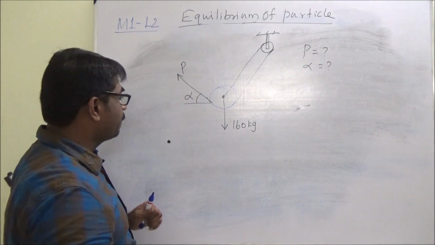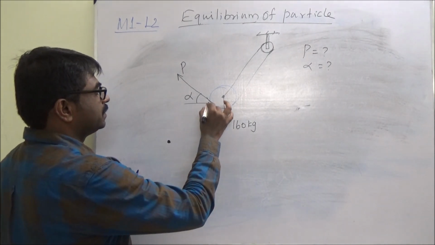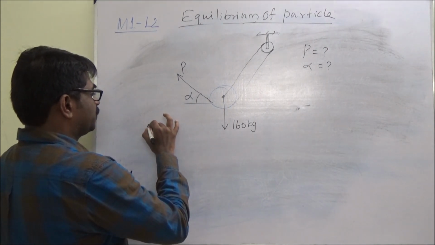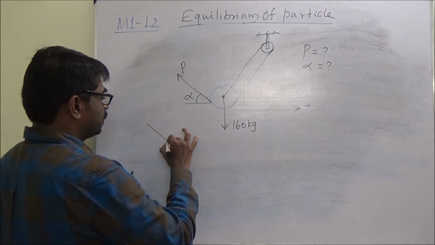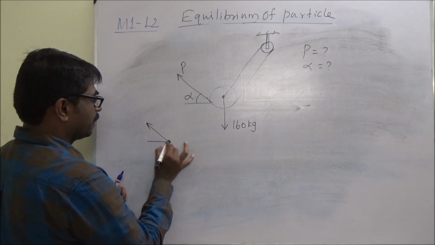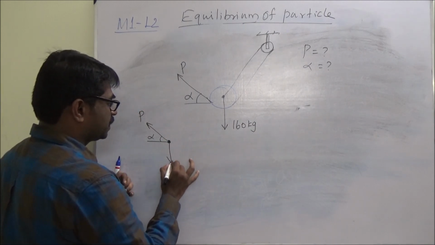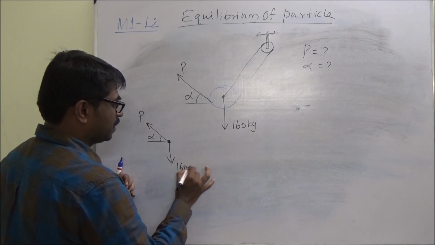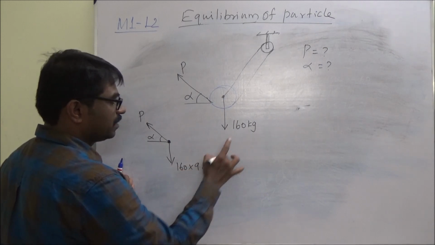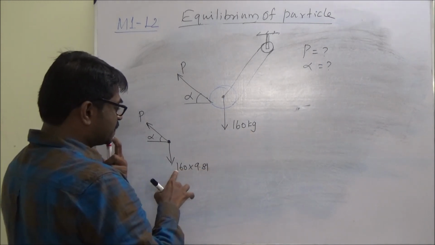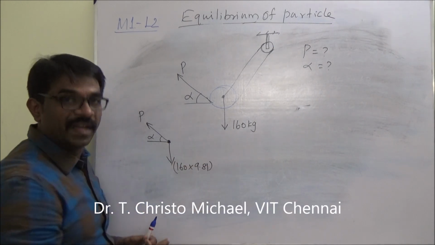Particle. And the side I will put P, alpha, and this is 160 into 9.81 because it is a mass. So this is the weight.